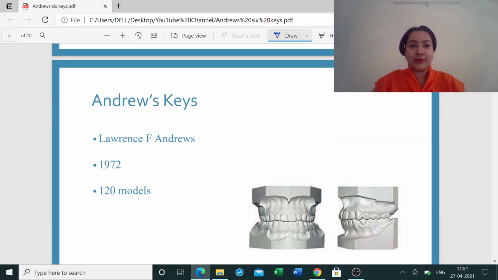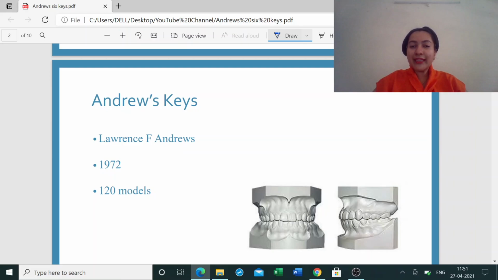It looked very good. Aesthetics was good. There was no spacing. Occlusion was normal, and everything was good. So he wanted all his patients to have end results in a similar manner, even all his patients' final casts should look like this in a normal occlusion.